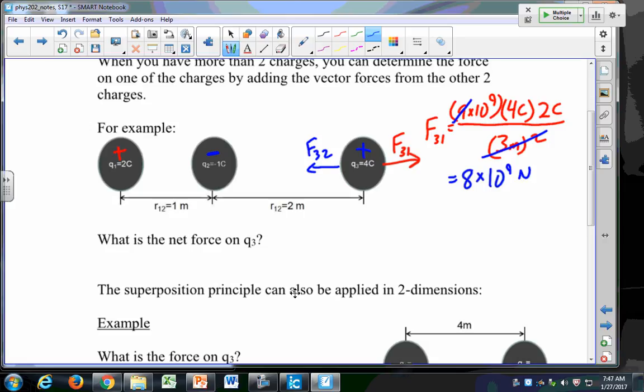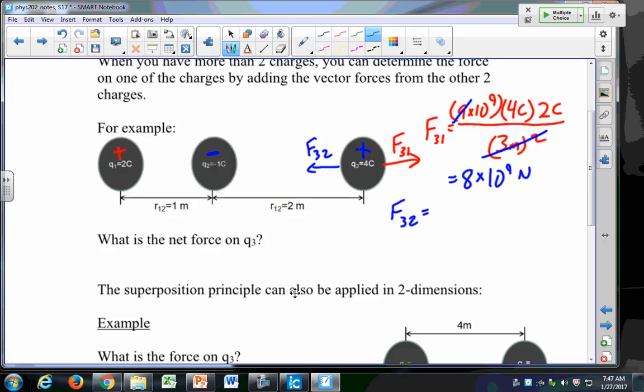All right, and then if I want to find F32, in a similar way I find F32. I'm sorry, did I make a mistake here?